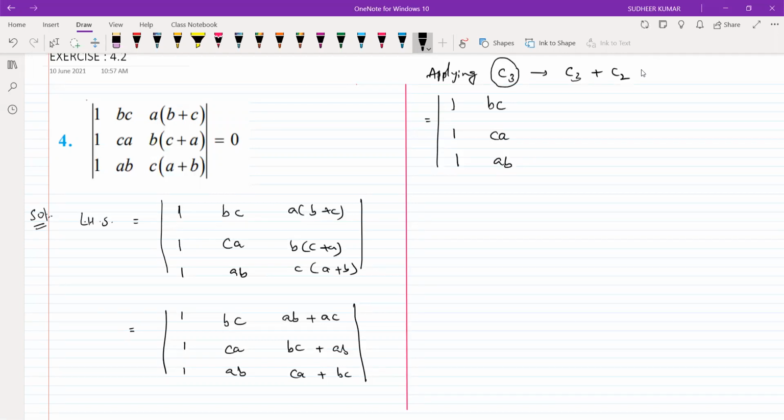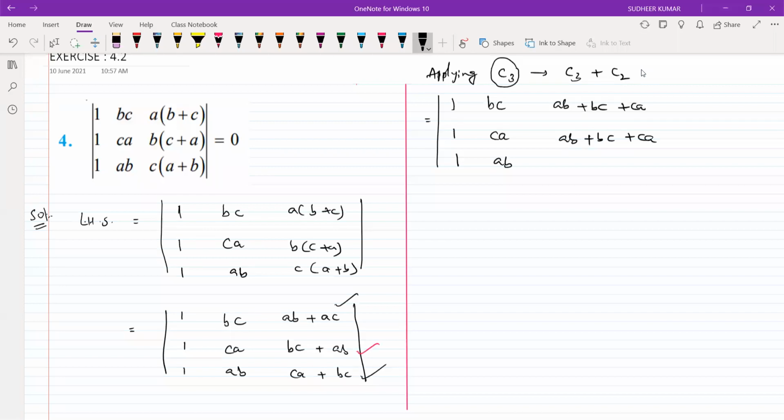If you add this, AB plus BC plus AC is CA, right? So AB plus BC plus CA. And the next one also. What do you get the next one? This is BC plus AB. So AB plus BC plus CA. Isn't it? Yes, sir. AB plus BC plus CA.